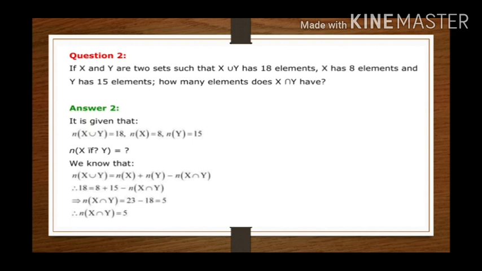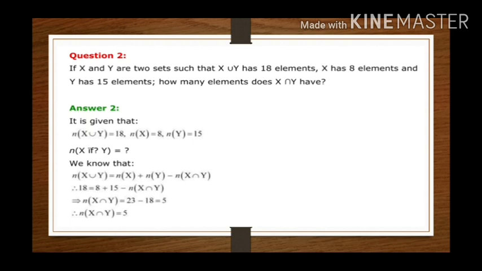Similarly, if X and Y are two sets such that X union Y has 18 elements, X has 8 elements and Y has 15 elements, how many elements does X intersection Y have?